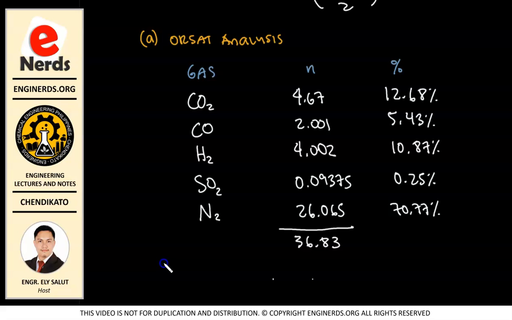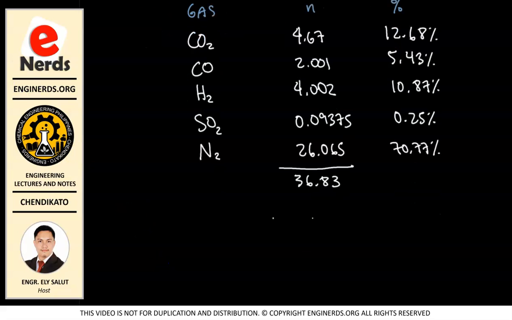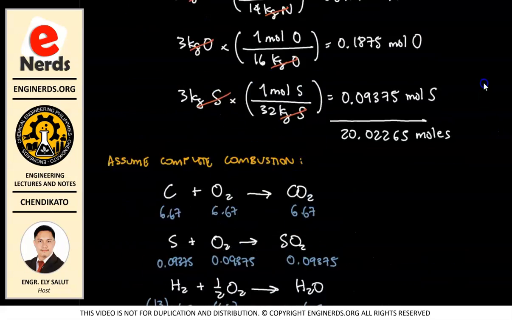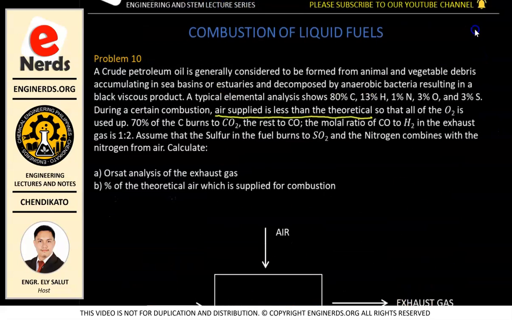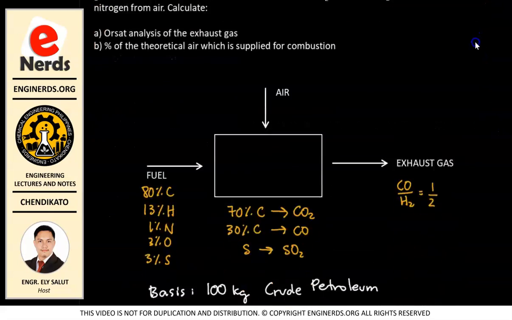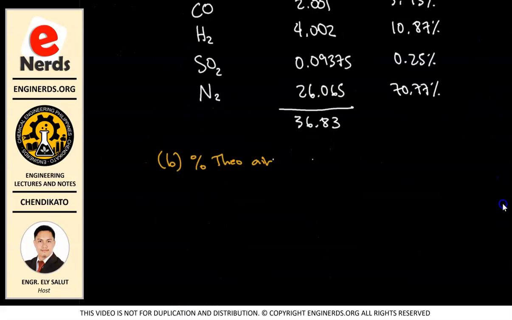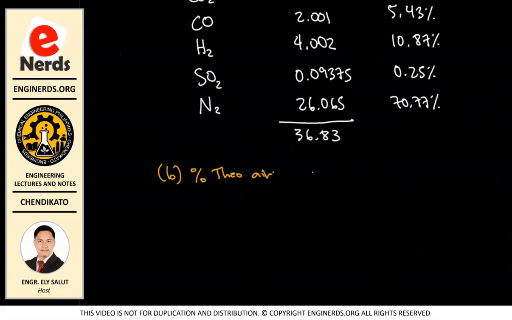Now let's go to our question 2 or question B, wherein we need to identify the percent theoretical air. We need to find out the percent of the theoretical air which is supplied for combustion.